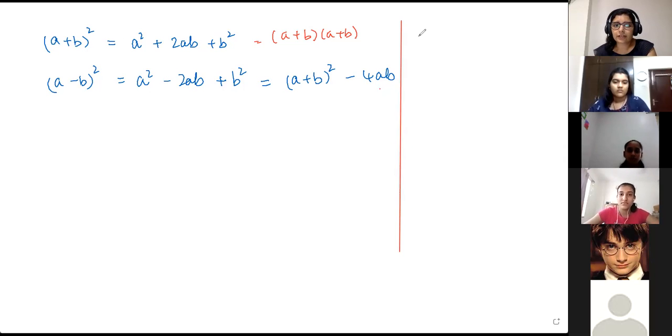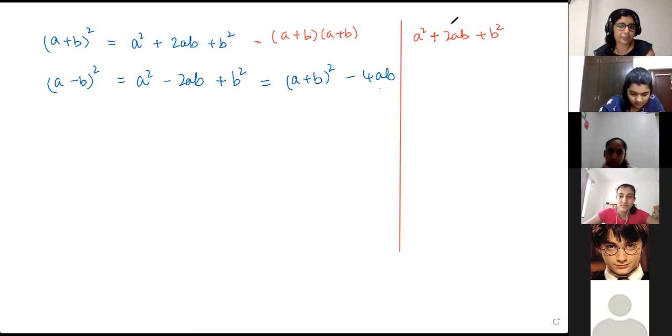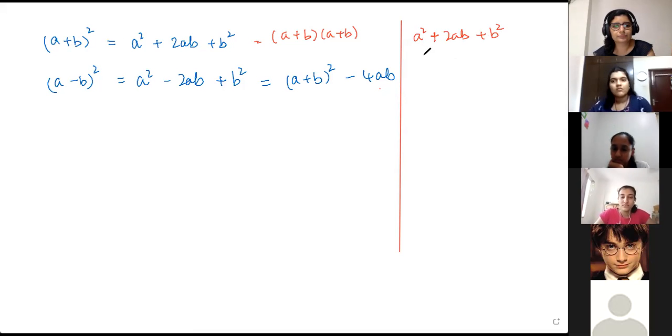If I start off with a square plus 2ab plus b square, and I want to make the plus 2ab into minus 2ab, what do I do? If I subtract 4ab, what will I get?